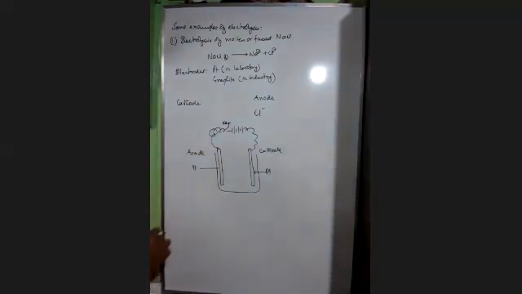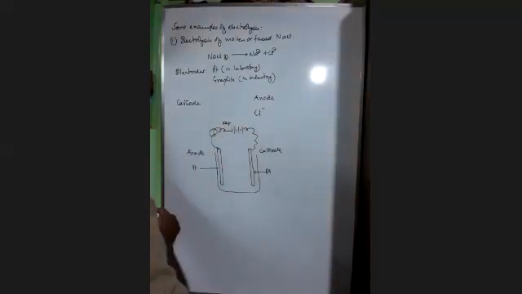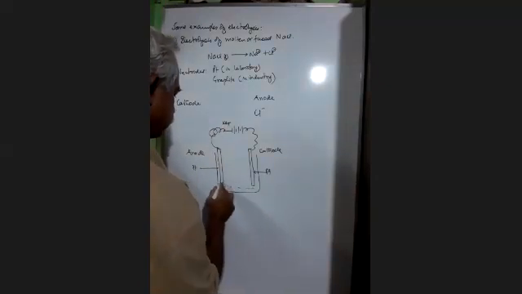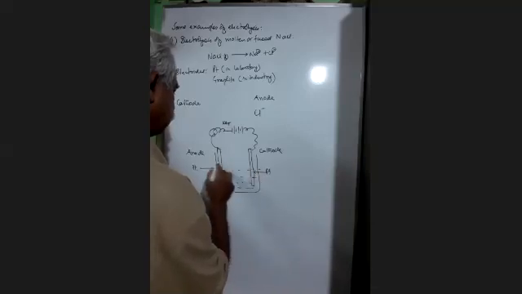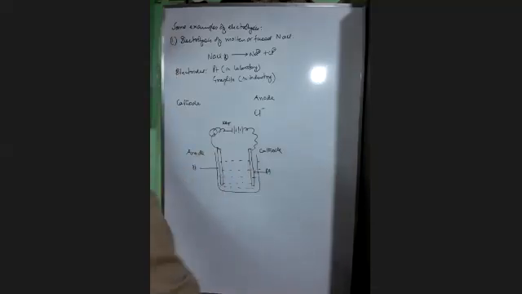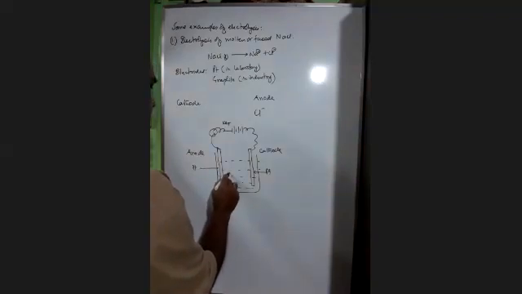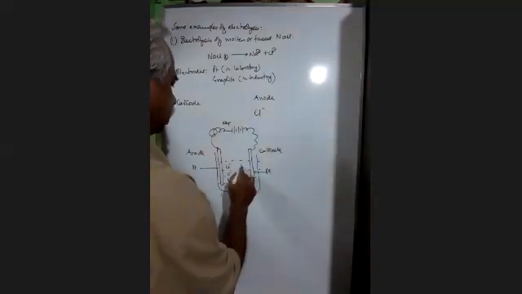When it's melted and when you switch it on, this is the molten sodium chloride. So all the Cl minus will migrate towards anode, and all the Na plus will be here.